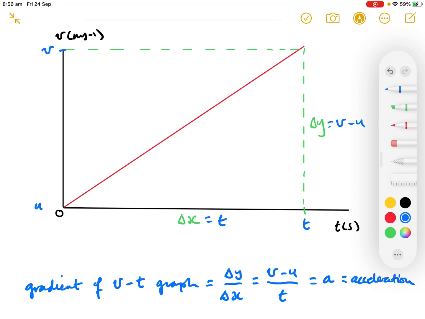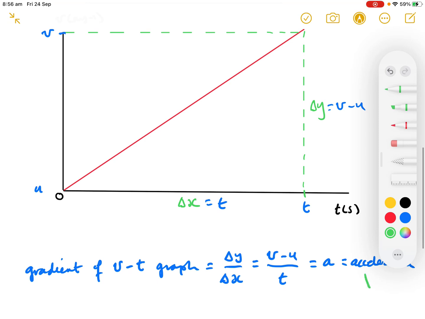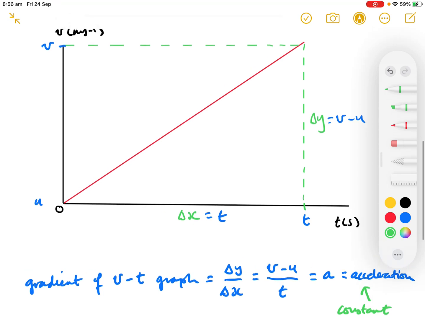So taking the gradient of a velocity time graph gives us the acceleration of the body, and that of course is a constant because all of our concerns here are with a uniform acceleration, and so that is constant. Okay, so that's the first thing on that graph.